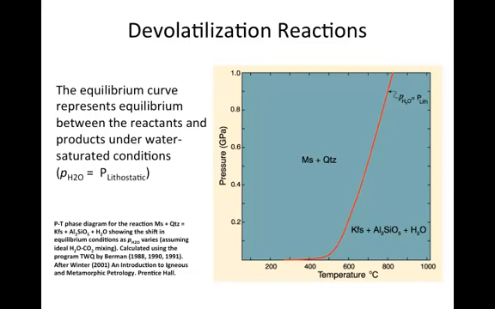And this should make sense to you because at higher temperatures you don't expect the structural water to be stable in minerals. So all these dehydration reactions, you can anticipate that you have the hydrous phases on the lower temperature side and the anhydrous phases at the higher temperature side.